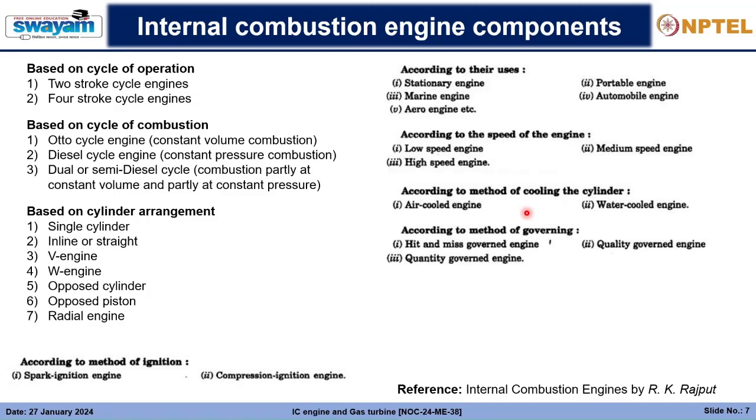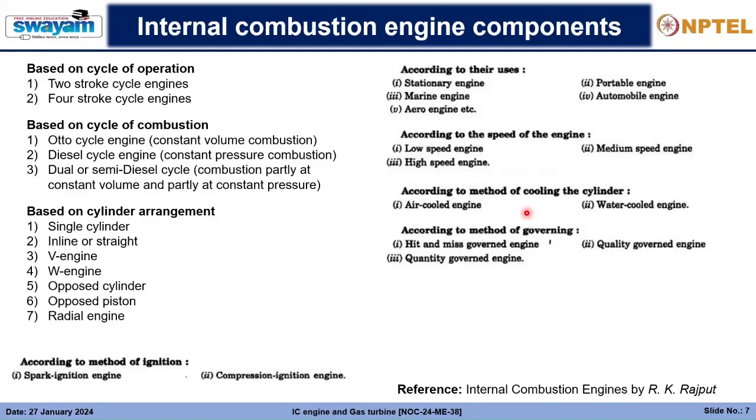Then method of governing. So why do we need to govern? You know that fuel is quite costly nowadays, right? We need to conserve the fuel, and we need not use a large amount of fuel where it is not actually needed.